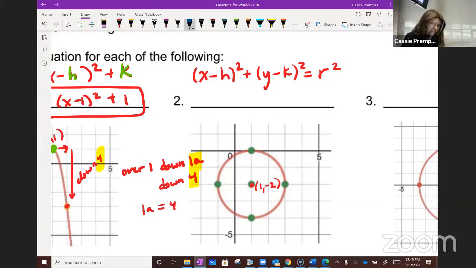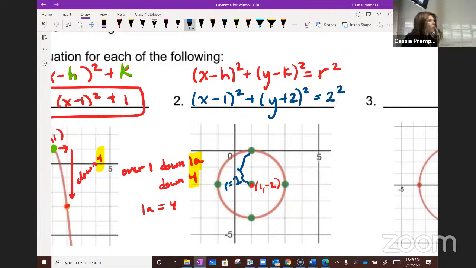And for r, I can go anywhere on the outer edge of the circle and just count the units. So what is r? 2. Now I can pop these in. I would have x minus 1 squared plus y, and what's going to happen after y? Good, plus 2 squared equals 2 squared, or you could just call that 4.